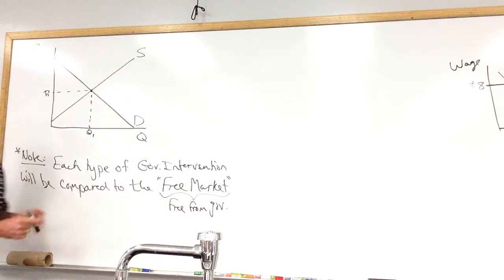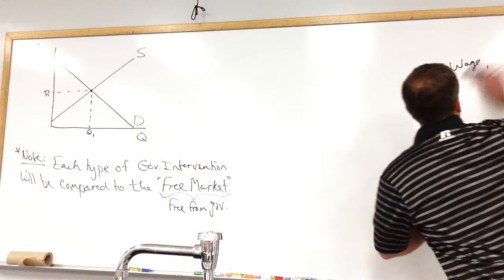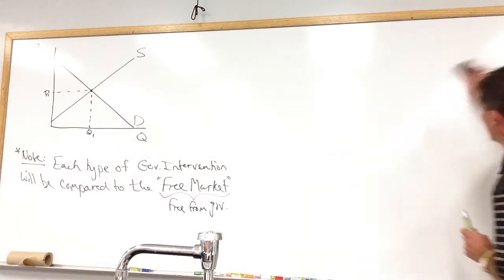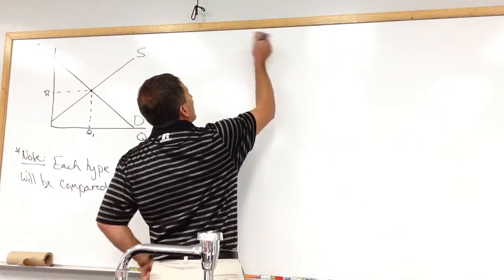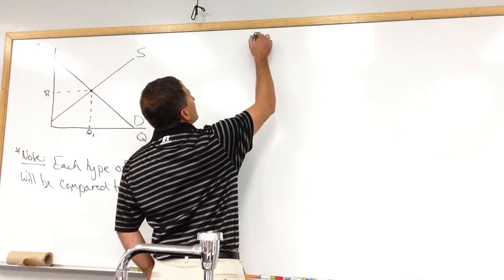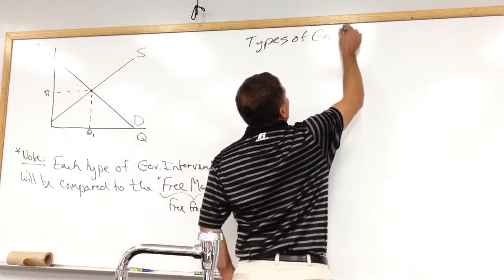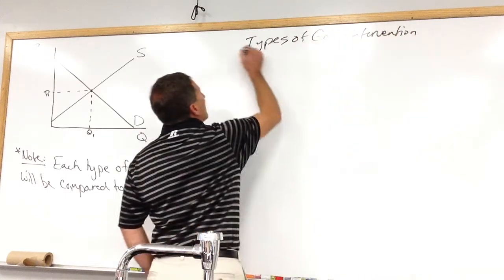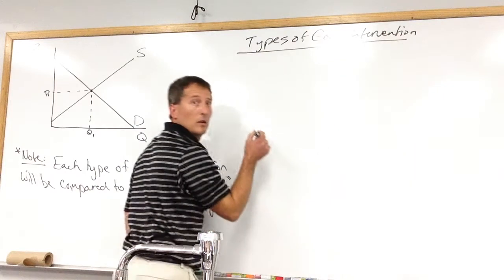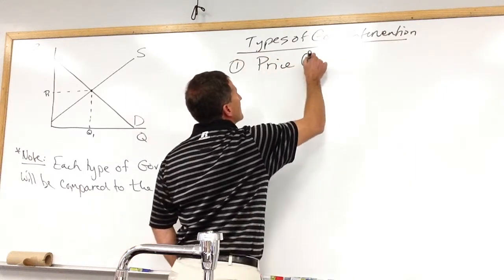All right, so government intervention number 1. We're going to look at a price ceiling. Types of government intervention: number 1, a price ceiling.